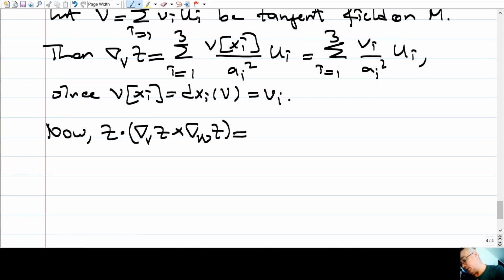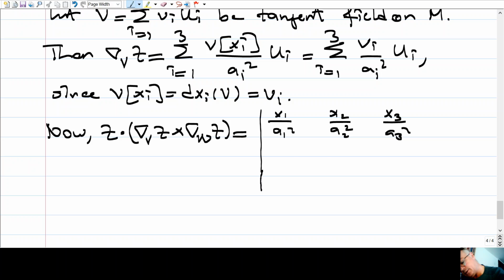What is this? This is just, okay, let me write this as a matrix. So this is x1. How would you take such a triple product? Cross product, and then here I have that product. I write z as the first row. So it is just x1 divided by a1 squared, x2 over a2 squared, and x3 over a3 squared.